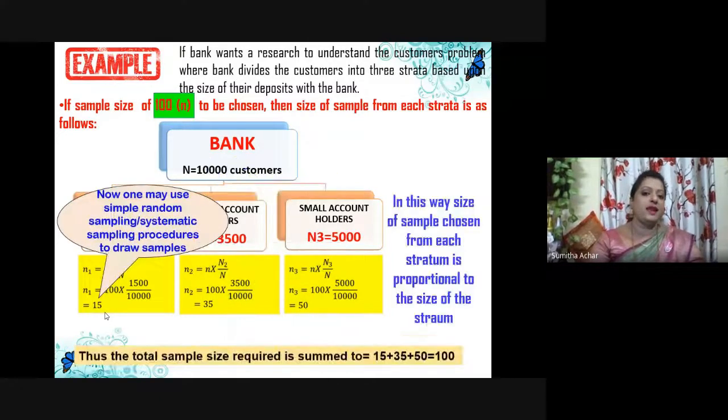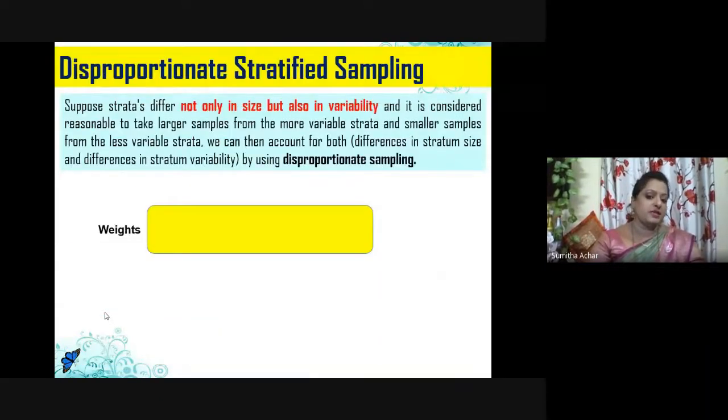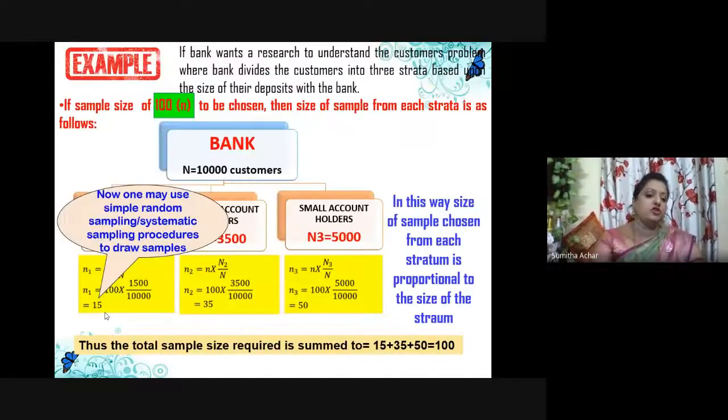Now get back to my second one, disproportionate stratified sampling. We call the Bible of research methodology C.R. Kothari's textbook, Business Research Methods by C.R. Kothari. C.R. Kothari beautifully explains that it's not always that you should go for proportion to strata size, because there is something called variance.